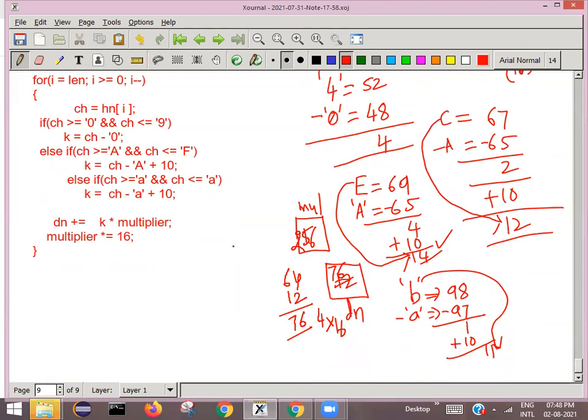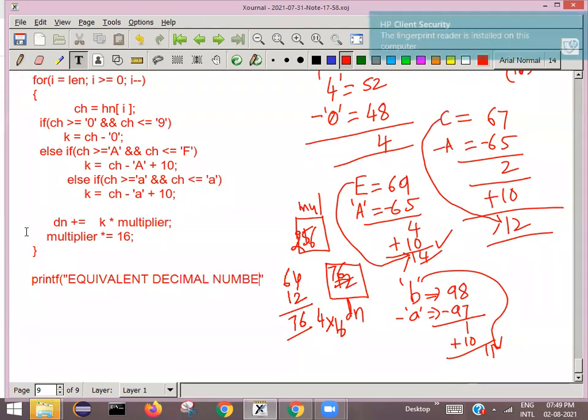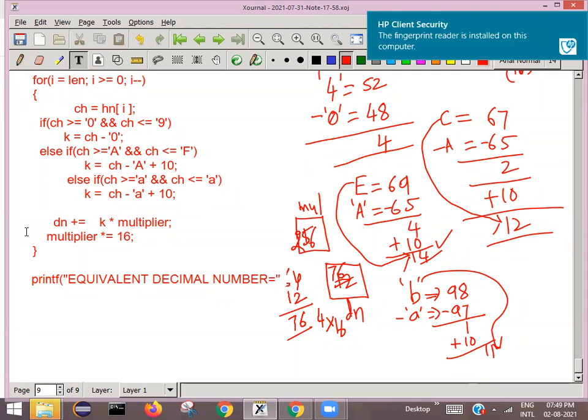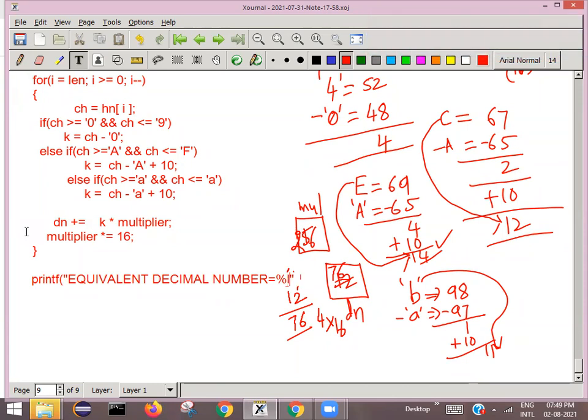Okay, so where is our equivalent decimal number? In a variable called dn. Now if you print the dn, that gives the equivalent decimal number. So now we say equivalent decimal number is equal to, percentage ld, then say comma, where is it? dn.